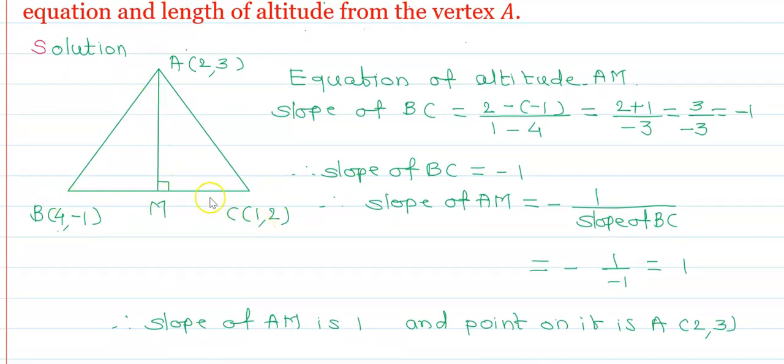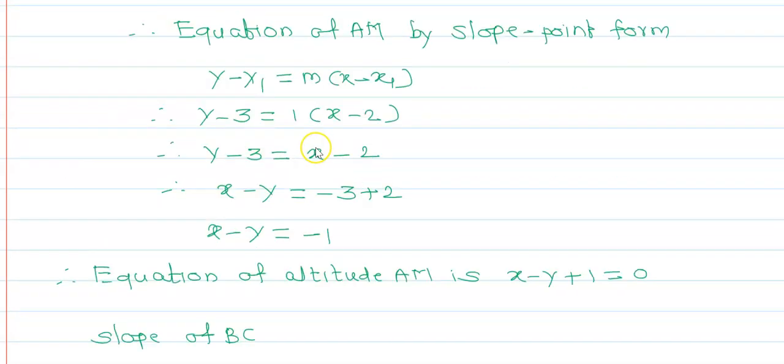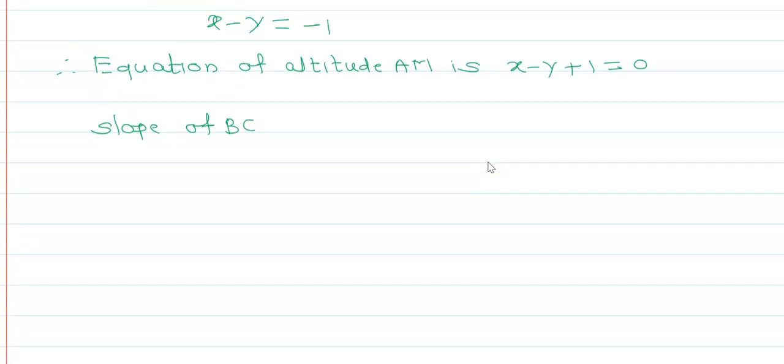For that we will require the equation of BC. The slope of BC is minus 1.